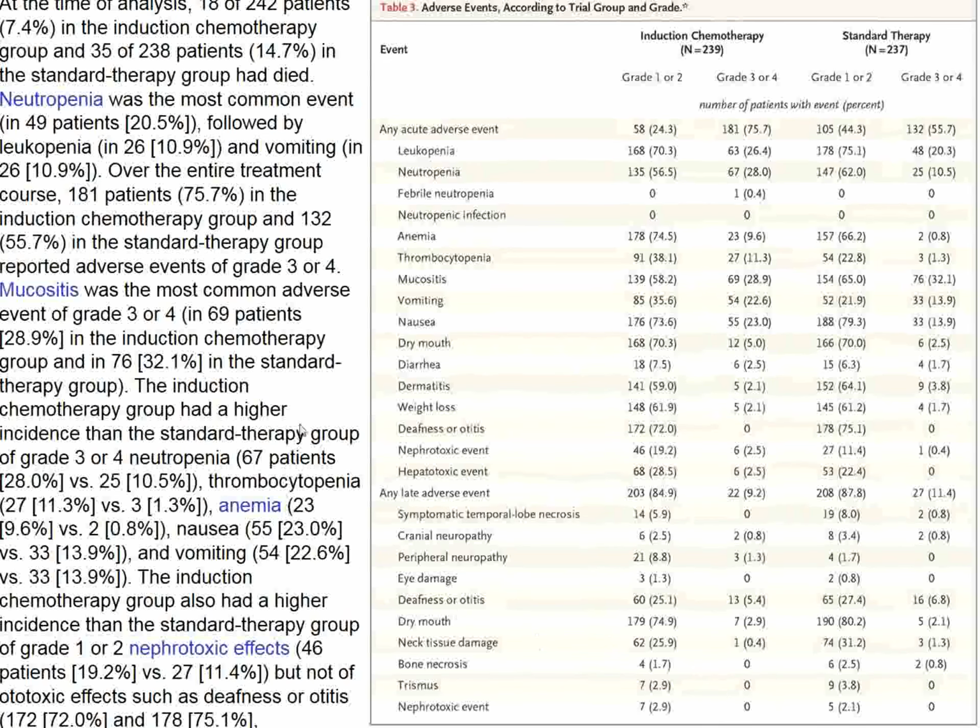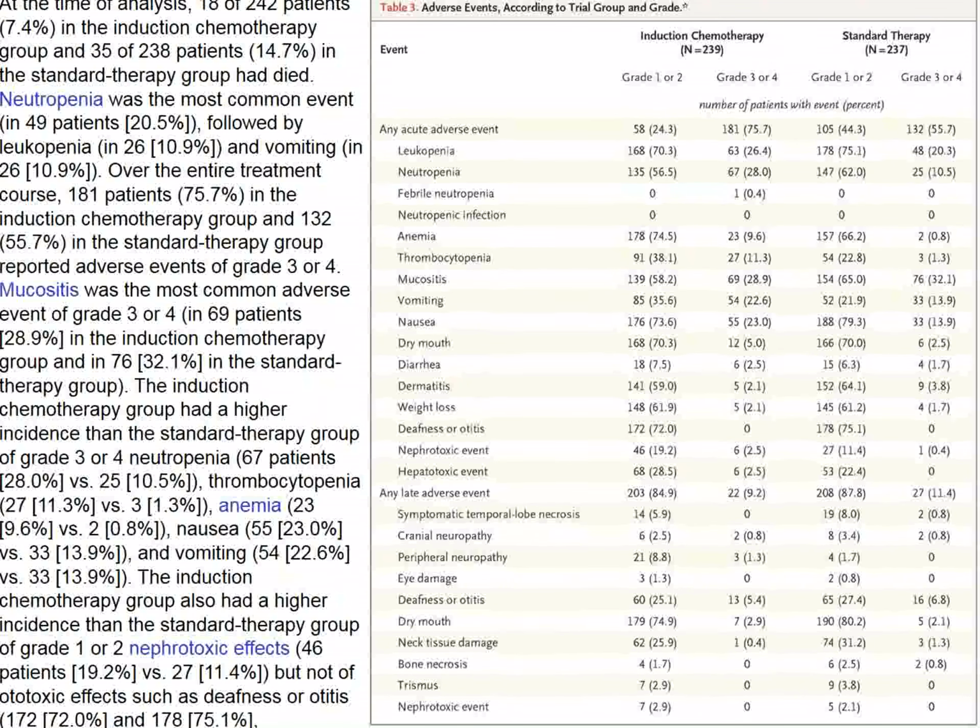And if we look at adverse events, as we can imagine, mucositis was more common in the group that got induction. They got a lot of gemcitabine that is metabolized to 5-FU. Anemia was more common.